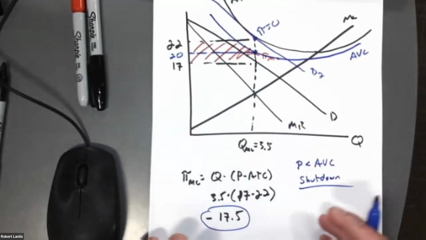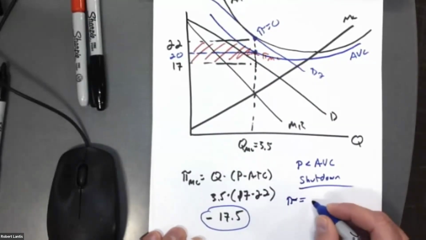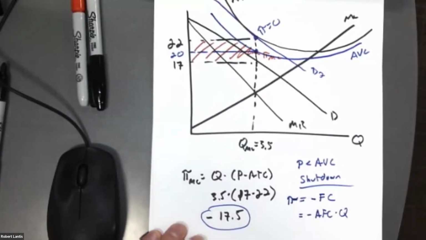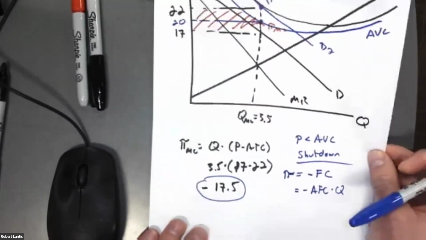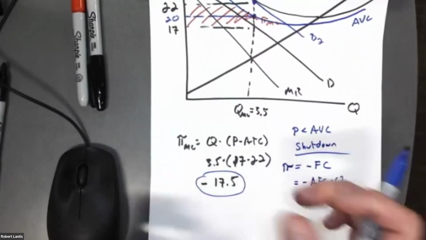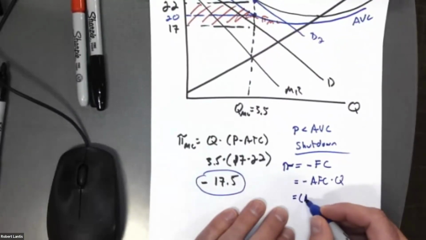Well, one way to think about it: my profits if I shut down should be just negative whatever my fixed costs are. That's the negative of my average fixed cost times quantity. So some of this stuff that we used for perfectly competitive firms applies to these monopolistically competitive firms because it's the same profit equation. How would I find my average fixed cost?